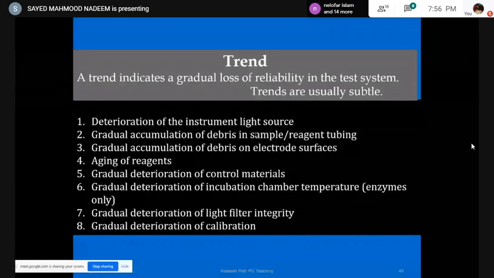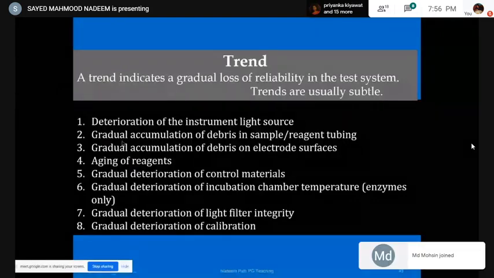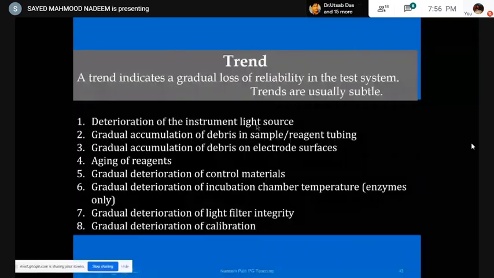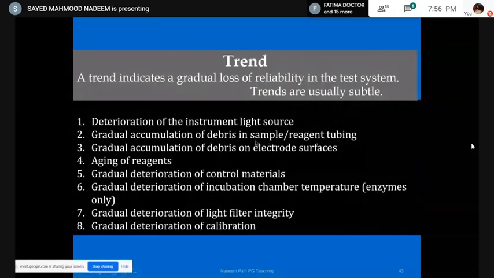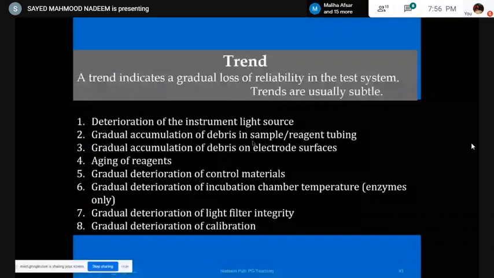Gradual accumulation of debris in the sample and reagent tubing. This is the commonest error in hematology lab. The tubes which the hematology blood cell counters have, there is gradual deposition of whitish plaque. So this is one of the reasons for trend changes in hematology control. Gradual accumulation of debris on the electrodes. This is commonly seen in all electrolyte analyzers, the ones which are ISE based.